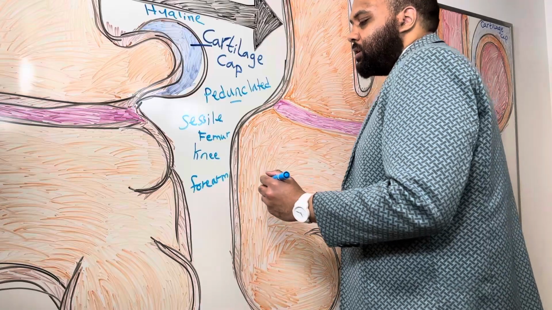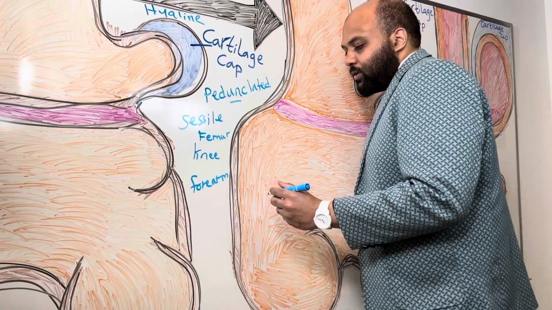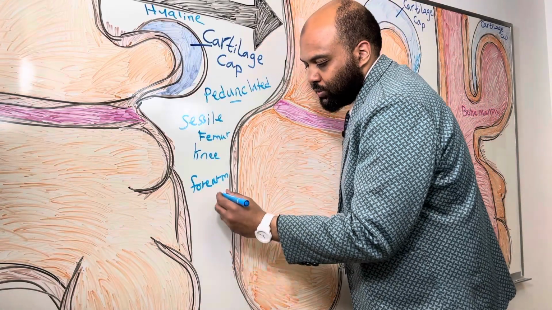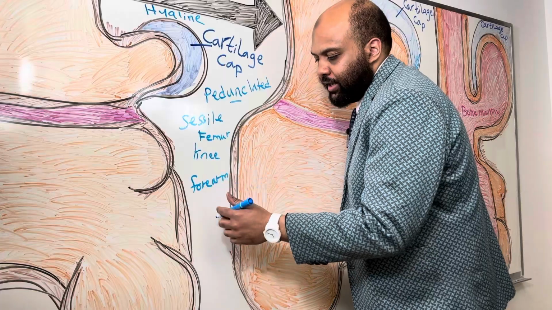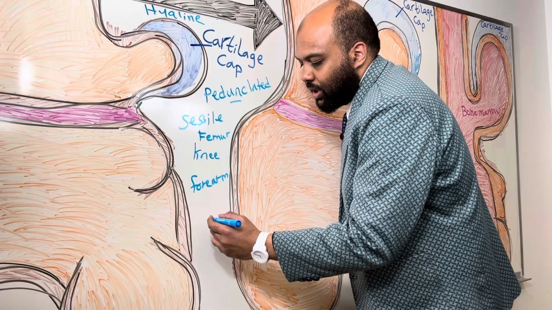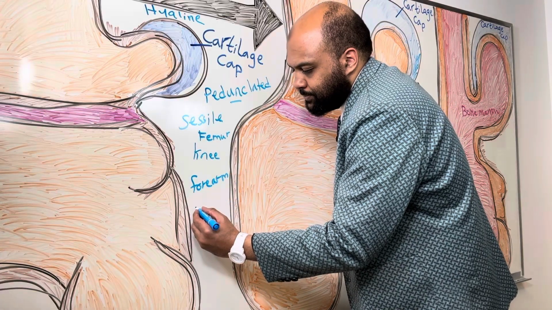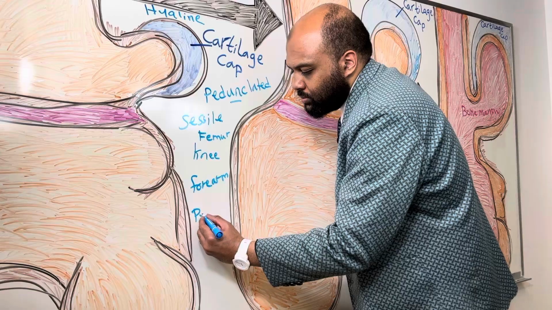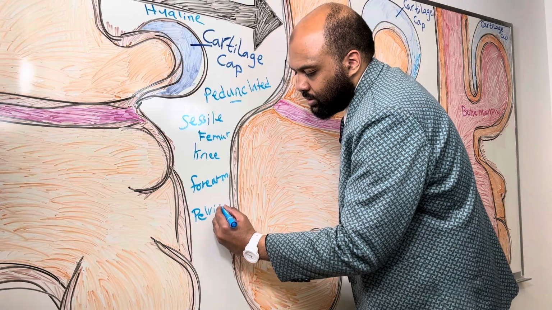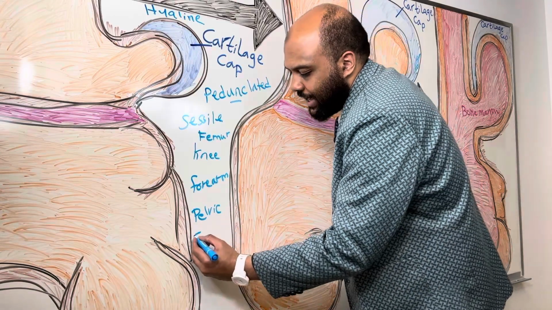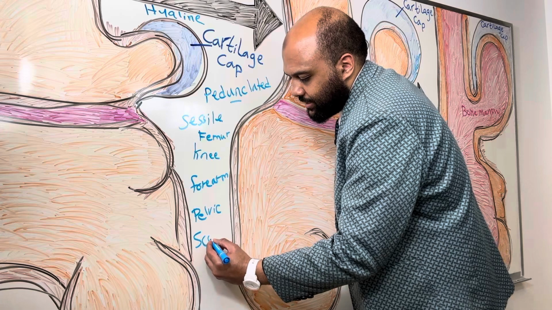In addition to that, flat bones also often exhibit osteochondromas, and these are the pelvic bone and the scapula, the shoulder blade.